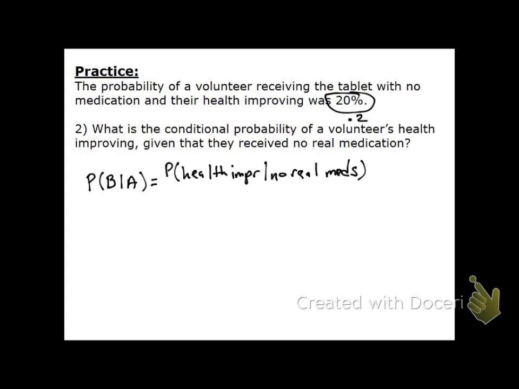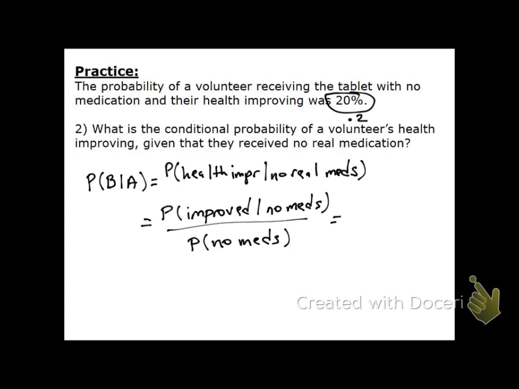So what this tells us is we're going to be taking the probability that someone improved with no meds over the probability that someone received no real meds.